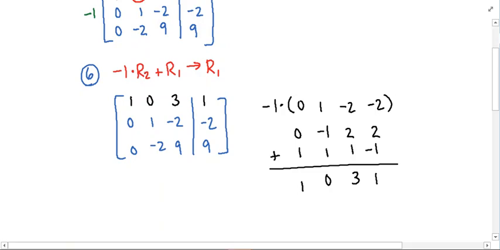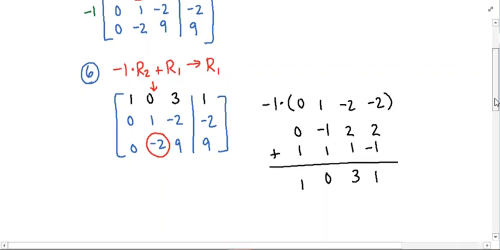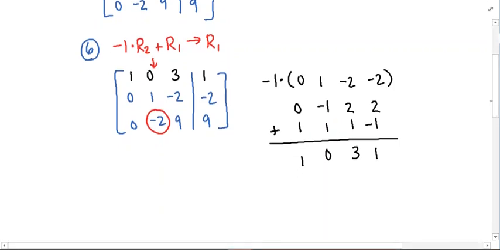Still working in the second column, now we need to zero this guy out. We have a -2. We want it to be a 0. We're going to again use the third row operation to get our 0. To change row 3, we're going to have to add to row 3 a multiple of a different row.